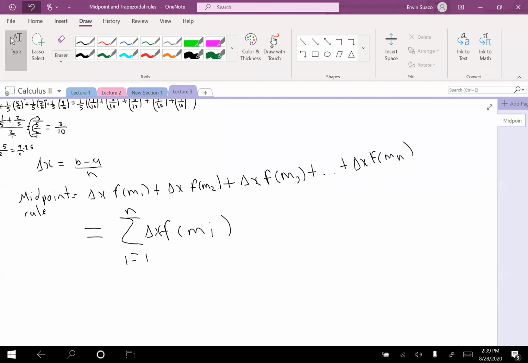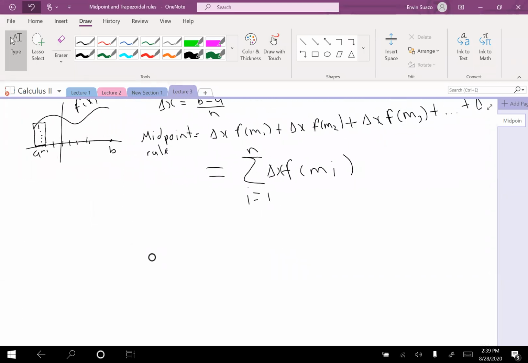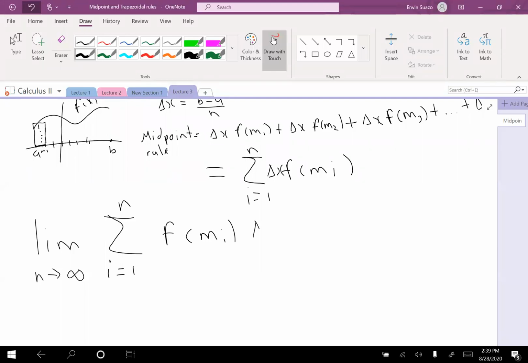When you take the limit of n goes to infinity of the sum i equals 1 to n of f of m_i delta x, this limit is what we consider the integral between a and b of f of x dx, because it's the area.